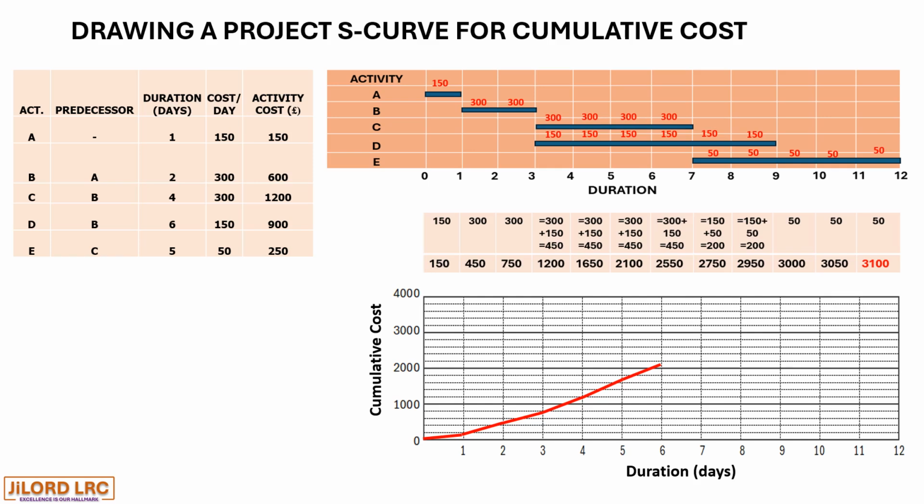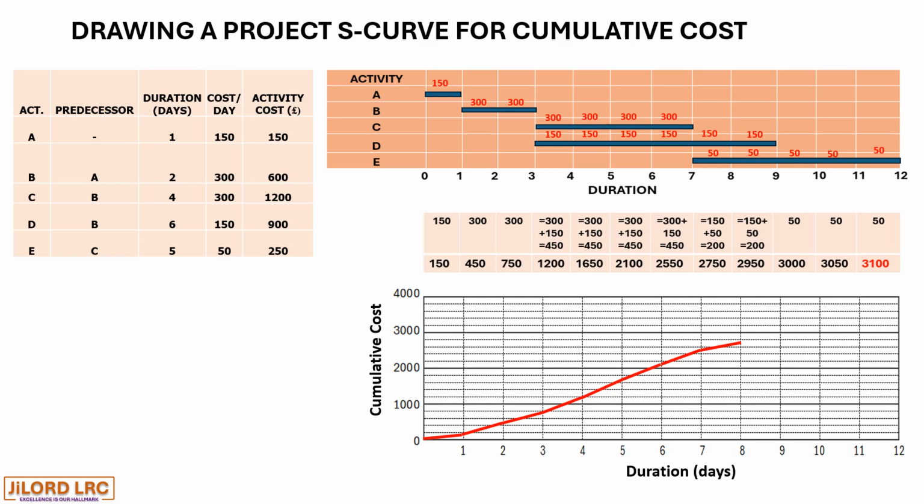For day 7, we have 2,550, and that is also marked on the graph. For day 8, we have up to 2,750, and that is also marked on the graph.